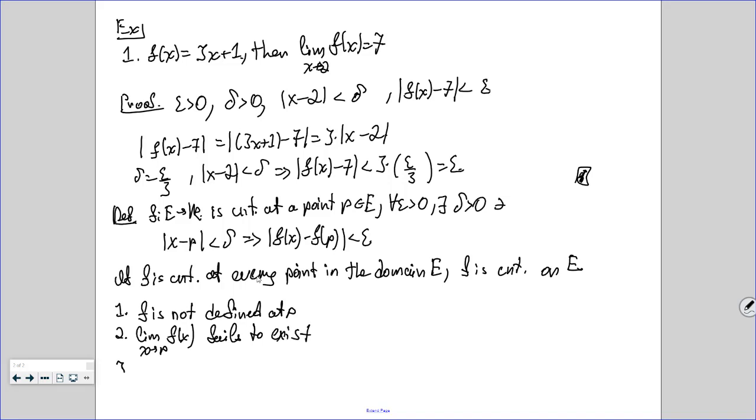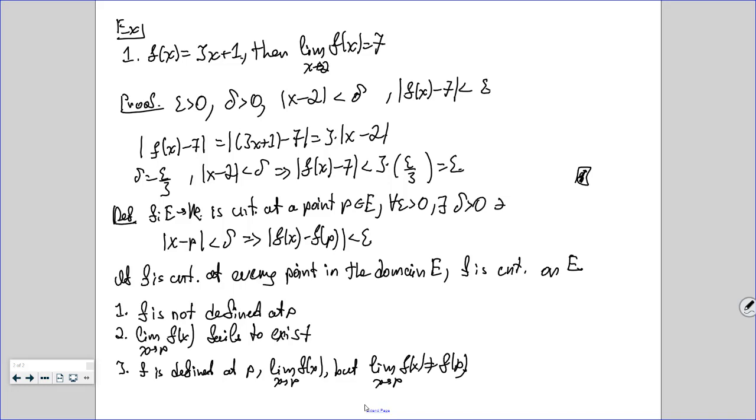And the third is that f is defined at p, and the limit exists, but the limit does not equal f(p).